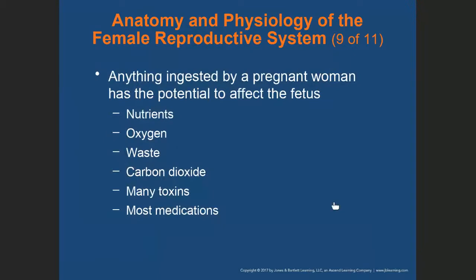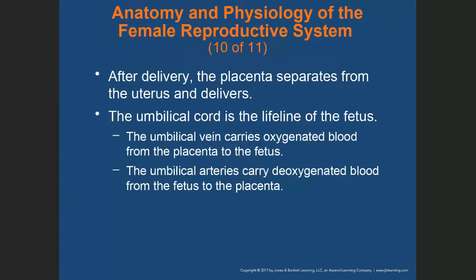Anything ingested by a pregnant woman has the potential to affect the fetus. So nutrients, oxygen, waste, carbon dioxide, toxins, and medications. If the mother takes these, it can affect the fetus. After delivery, the placenta separates from the uterus and delivers.